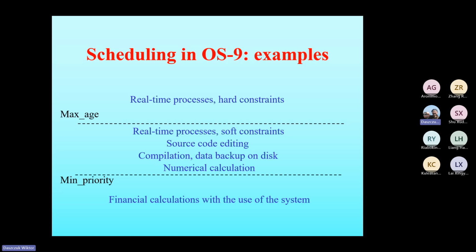Below max age, but high in this area, I would run real-time processes with soft constraints, because temporarily they can be late on condition that in the future they will compensate this delay.